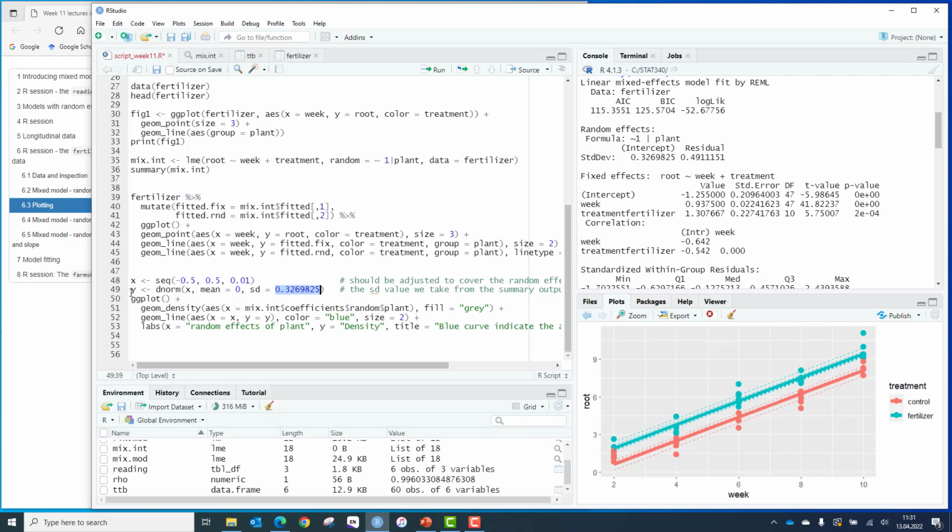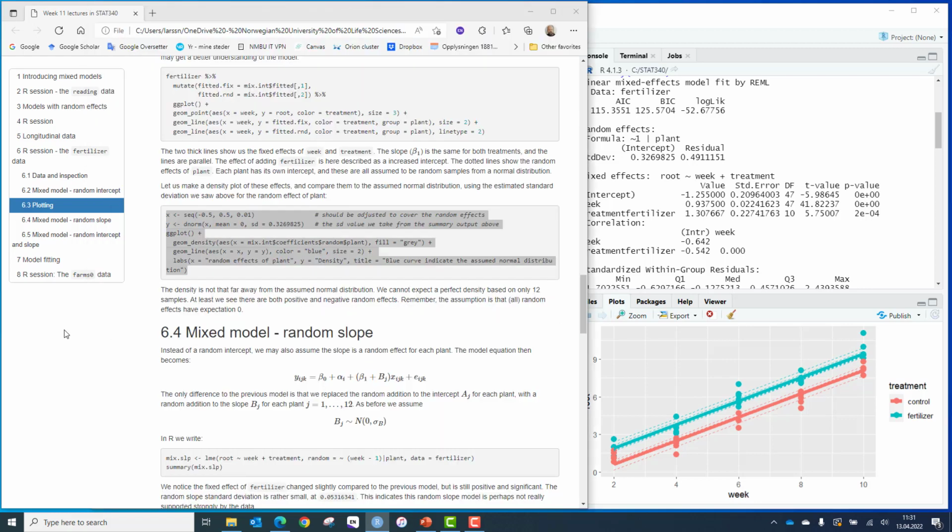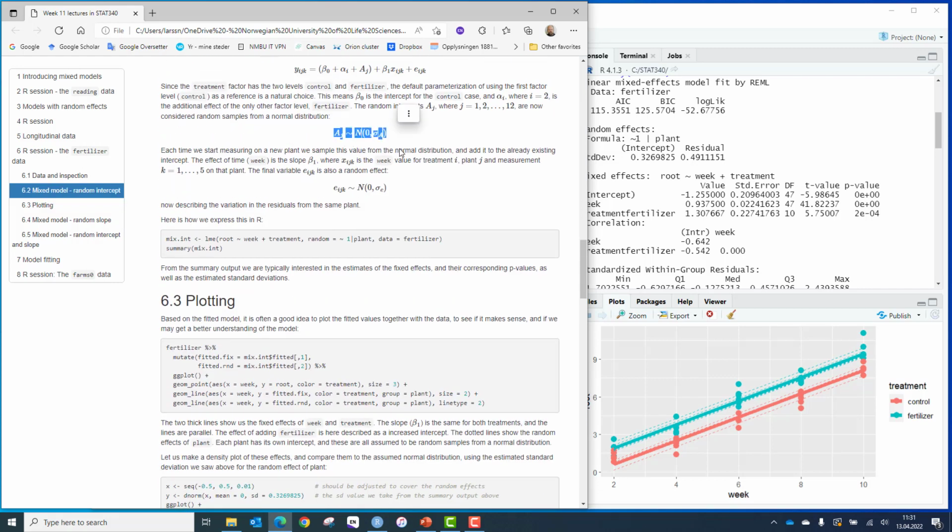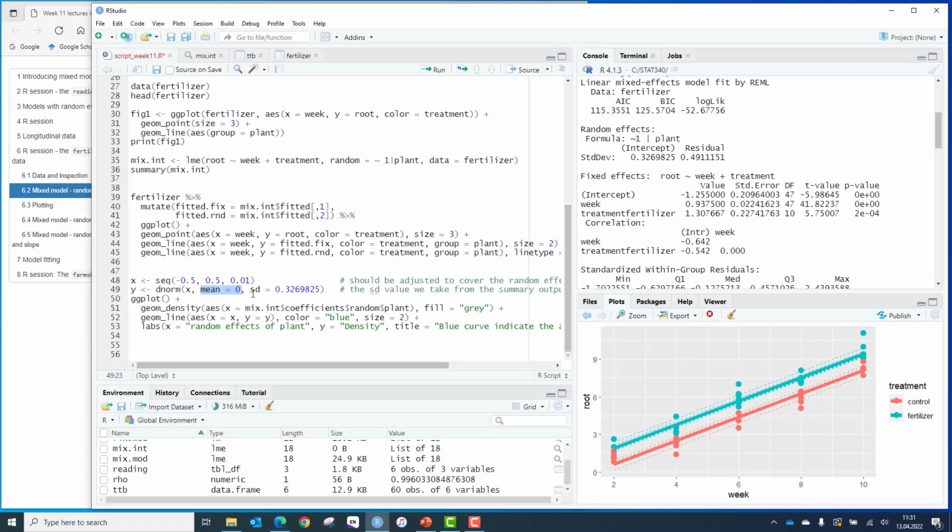And here I now make a normal distribution with mean 0. Remember, this is always mean 0. We always assume mean 0 in our normal distributions. Here it has mean 0, expected value 0, and the standard deviation is estimated to be this.